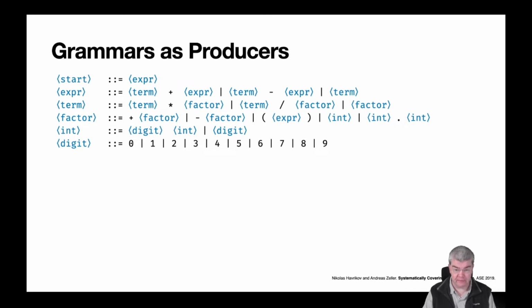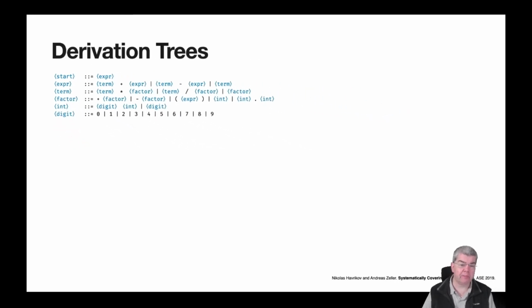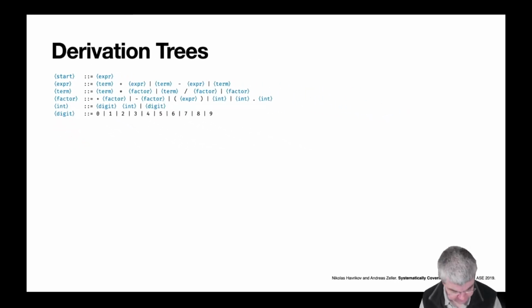What does this mean? So let me introduce you to the concept of a derivation tree. A derivation tree, as the name suggests, represents the set of derivations that we undertake when we are producing a particular string. So I'm going to illustrate this using our expression grammar, which we have seen before.